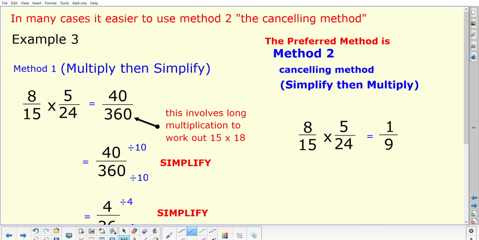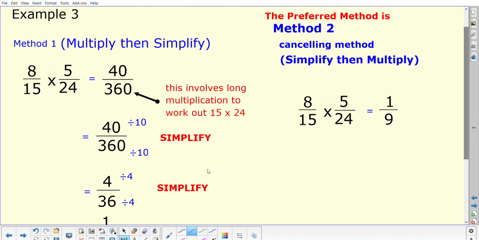But 15 times 24 on the bottom, that's not quite as straightforward. That would require a long multiplication, and 15 times 24 is 360.